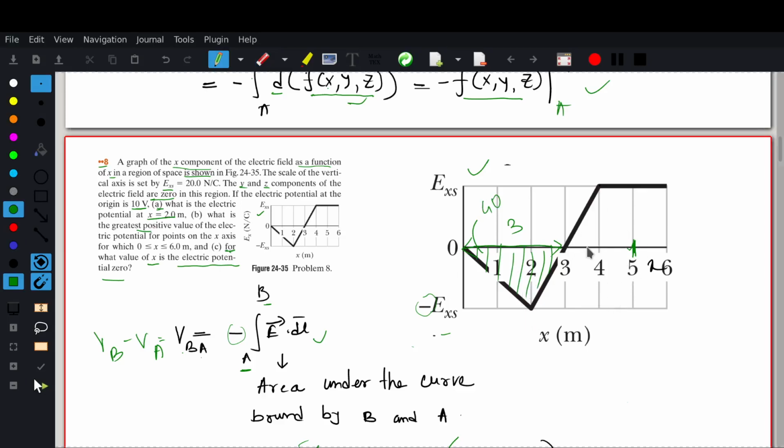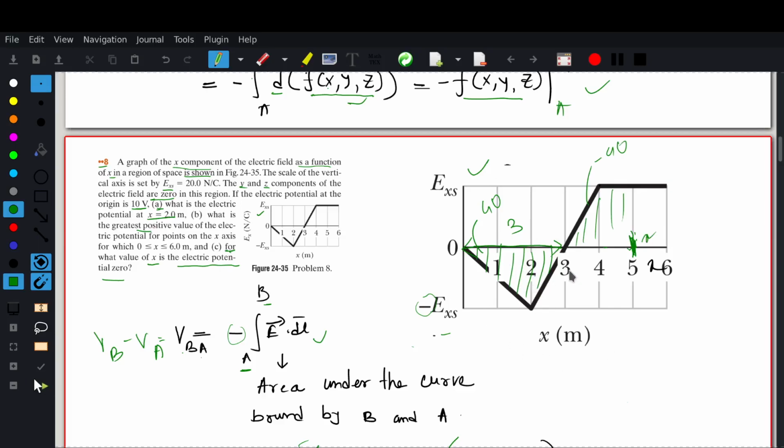So we will have to choose up to some x so that it gives us some minus 40, and because the potentials add up, when I am sitting at this x, the total area will cancel, that means I will get 0 potential, right? So we will have to find where this x lies.